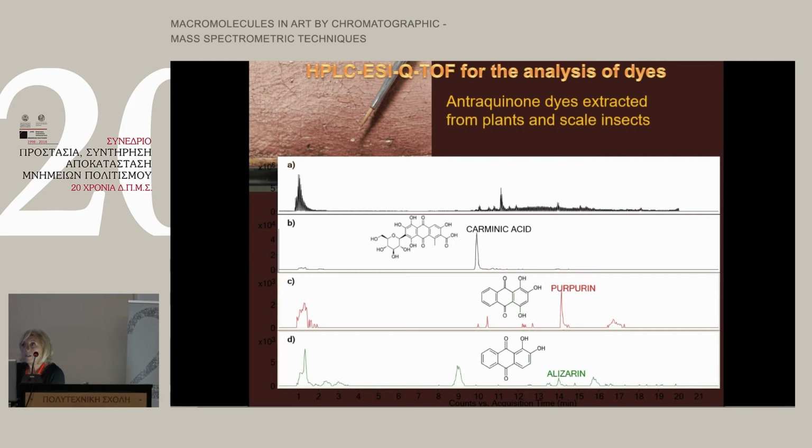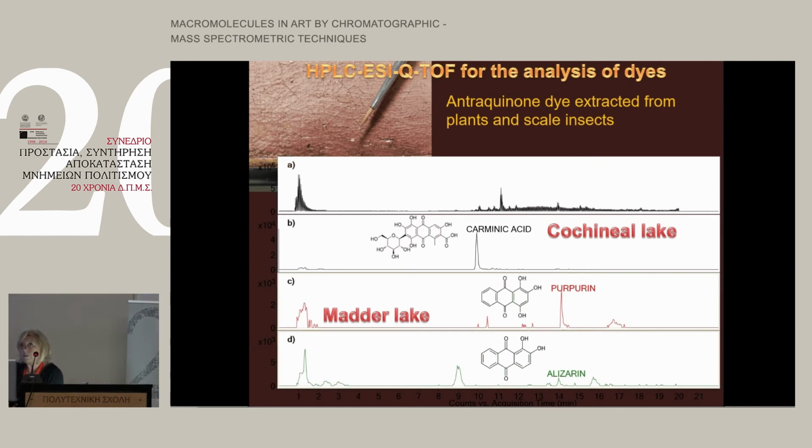And looking at the peaks, we are able to understand the presence of carminic acid, kermesic acid, and laccaic acid, which is not so striking. So this means that we have a mixture of cochineal lake and madder lake.